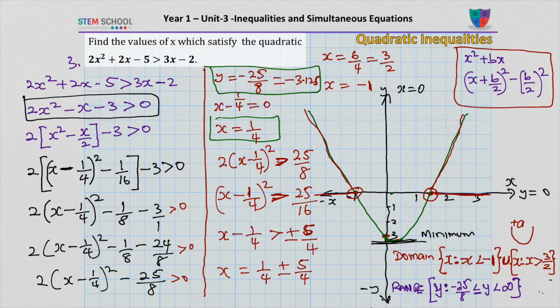For infinity it would be a curly bracket, not a square bracket, because it's not equal to infinity, because we don't know where infinity is.